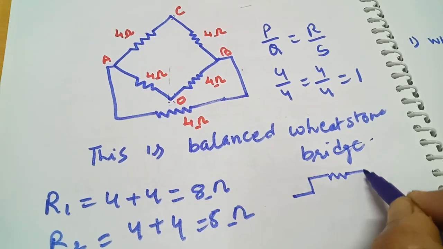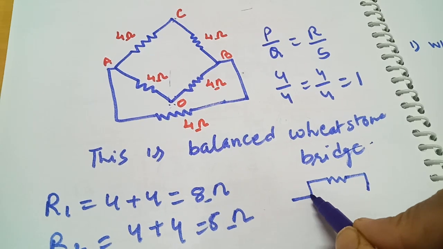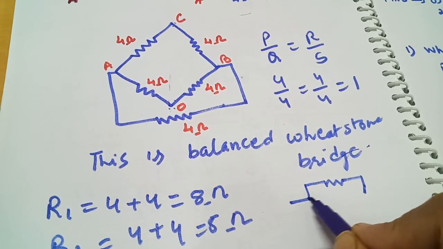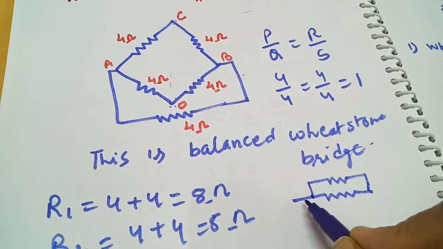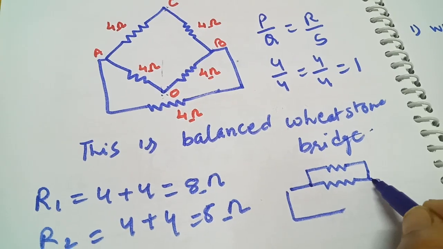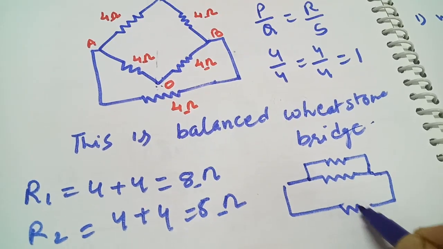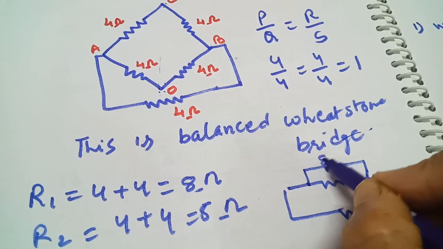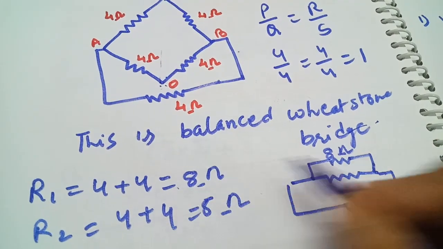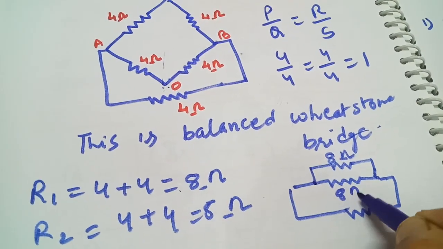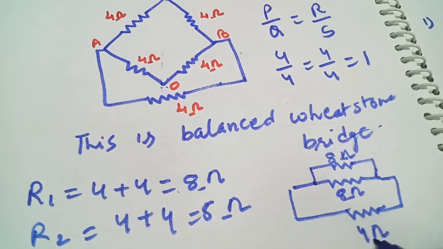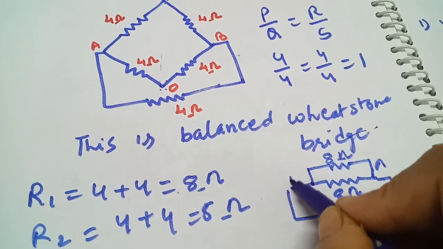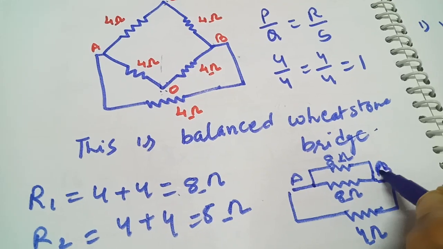This is one and this is another resistance between A and B, and between A and B this resistance is there. This is 8 ohm which you have got from here, and this is 8 ohm which you have got from here, and this is 4 ohm. Clear? And this is the point A and this is the point B.